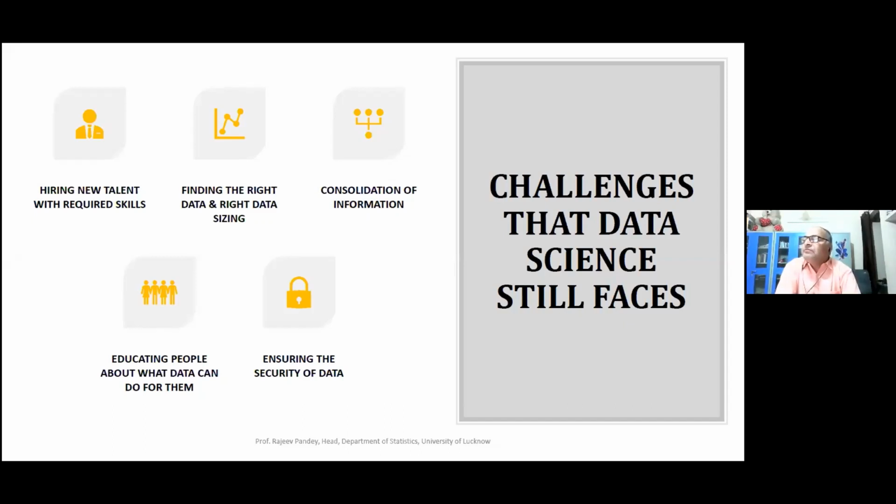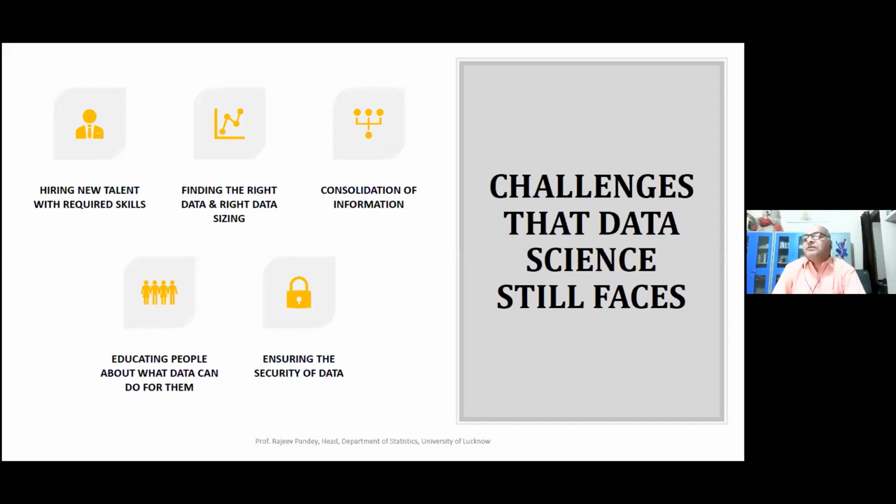Companies today are still struggling to build the right team while ensuring the right infrastructure of hardware and software implementation. There is a lack of talent in the market with the right mix of business, statistical, programming, and domain knowledge.